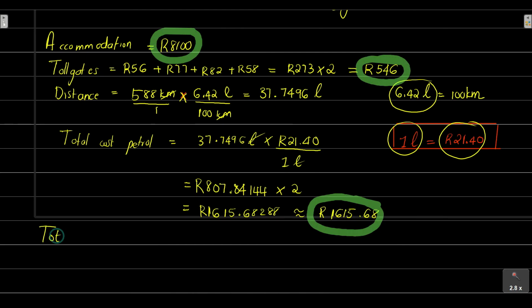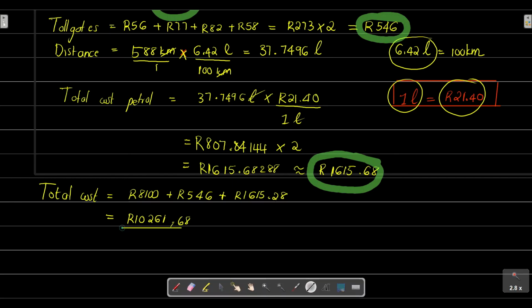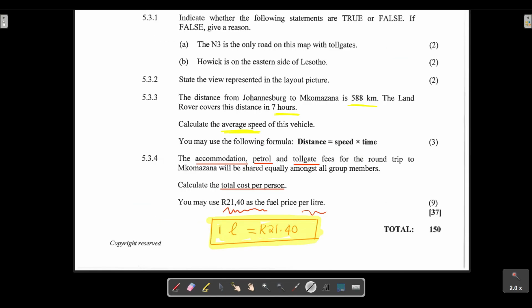So the total cost is going to be equal to 8,100 plus 546 plus 1,615.28. Therefore, when you punch that into your calculator, you'll get 10,261.68.